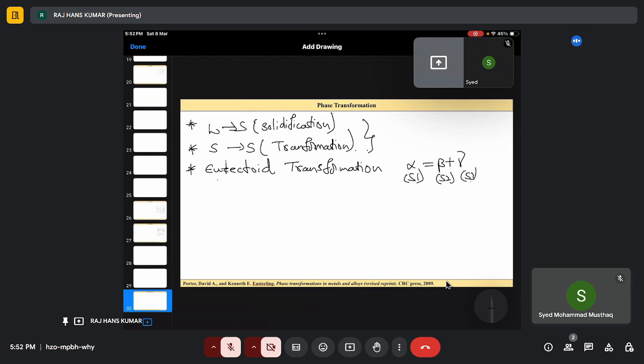Now from this, there is a term which is called precipitation reaction. Now, how does it happen? These types of reactions are used extensively for precipitation hardening.